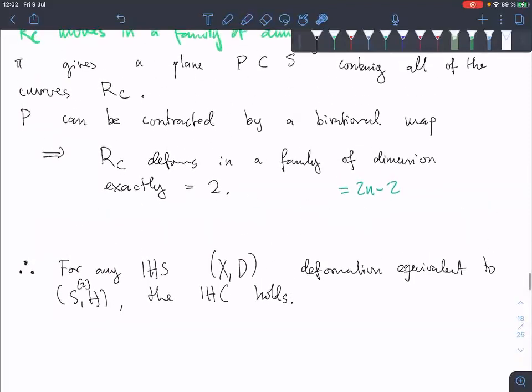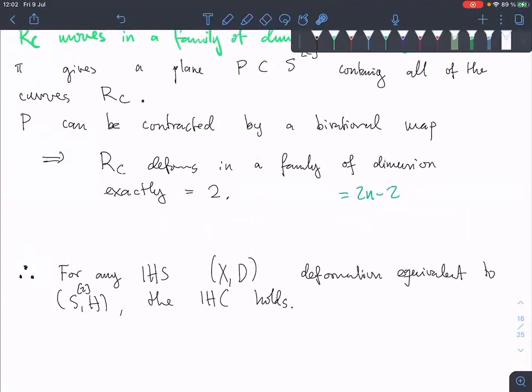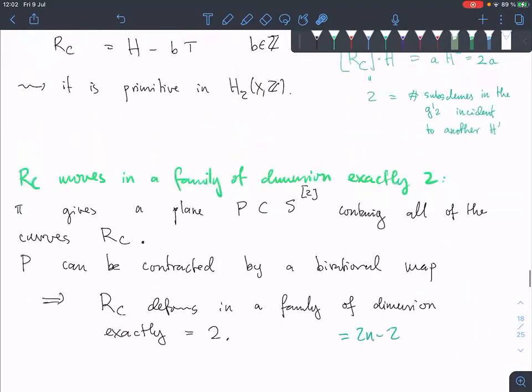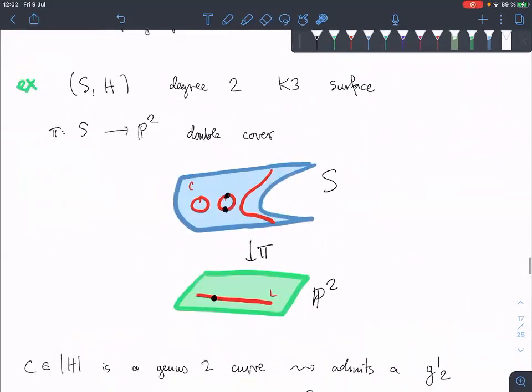Okay. Any questions about that statement? Sorry, what is the class H on the S2? Oh, sorry. H is the polarization. So we have a polarized K3 surface of degree 2, and it's the pullback of the L from P2. No, I mean the polarization on the Hilbert square.